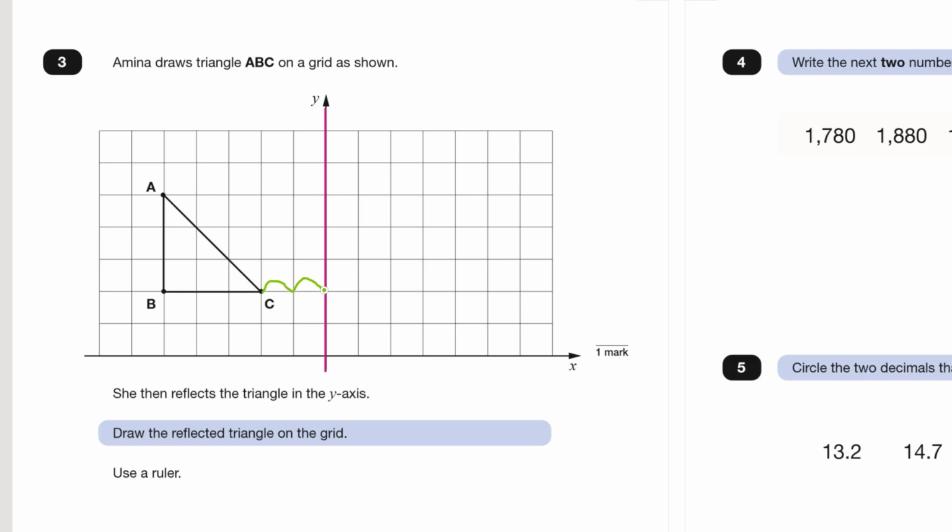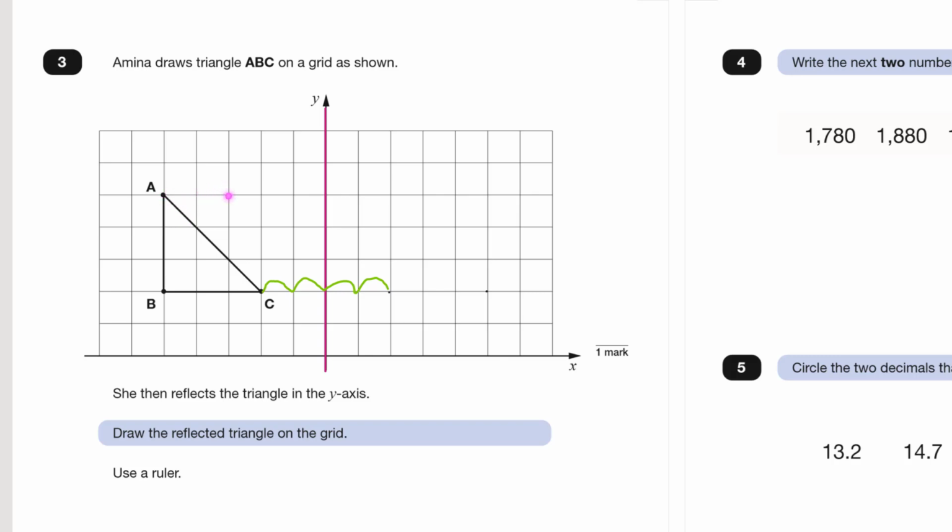So if that's to that side, it's to that side. I'm going to use the laser pointer. So this one is 1, 2, 3, 4, 5. So 1, 2, 3, 4, 5. And our top one, A, is also going to be 5, isn't it?